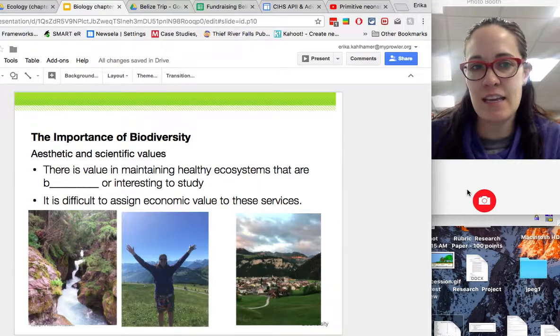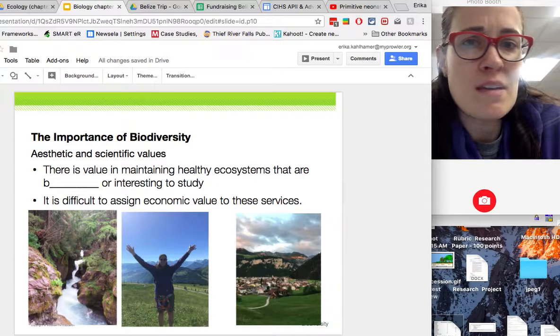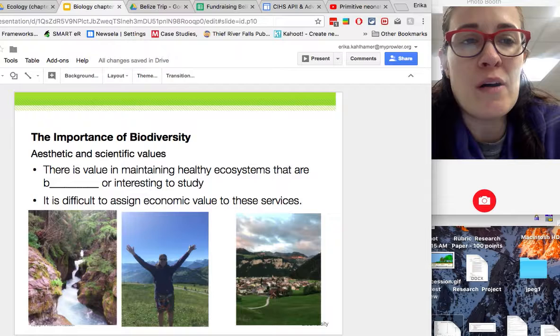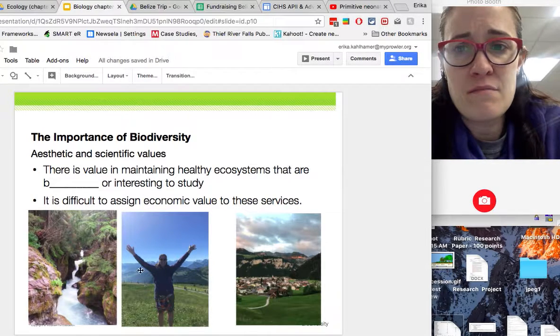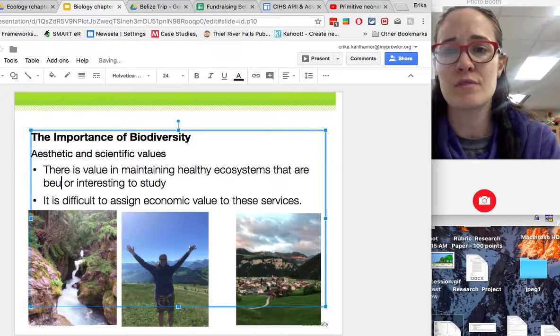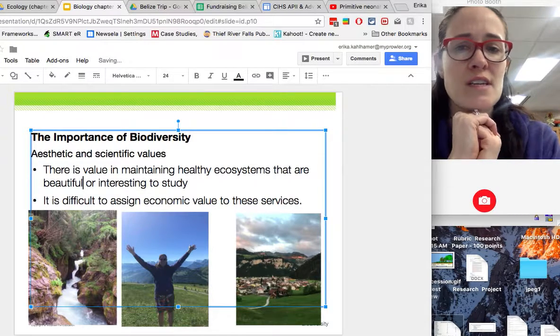And then lastly here, there is some aesthetic or pleasing beauty about biodiversity. So there is value in maintaining healthy ecosystems that are beautiful or interesting to study.